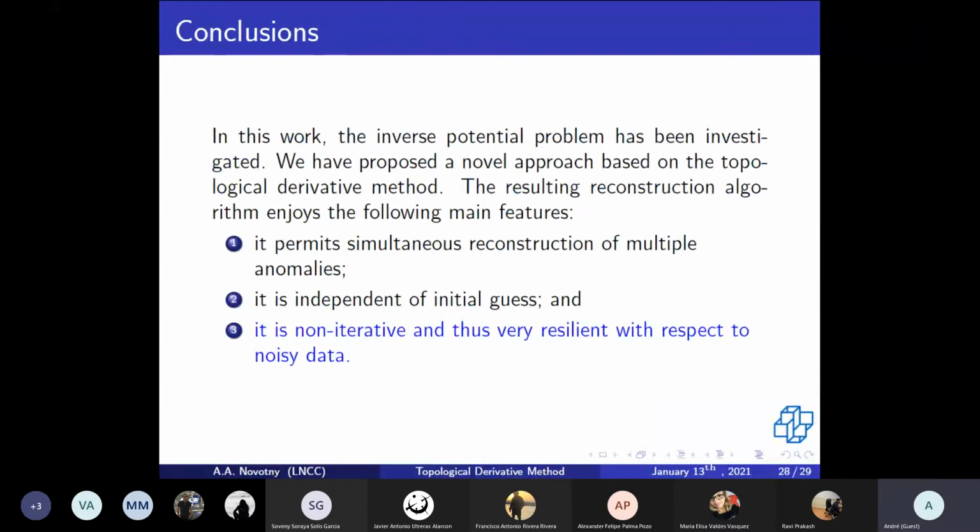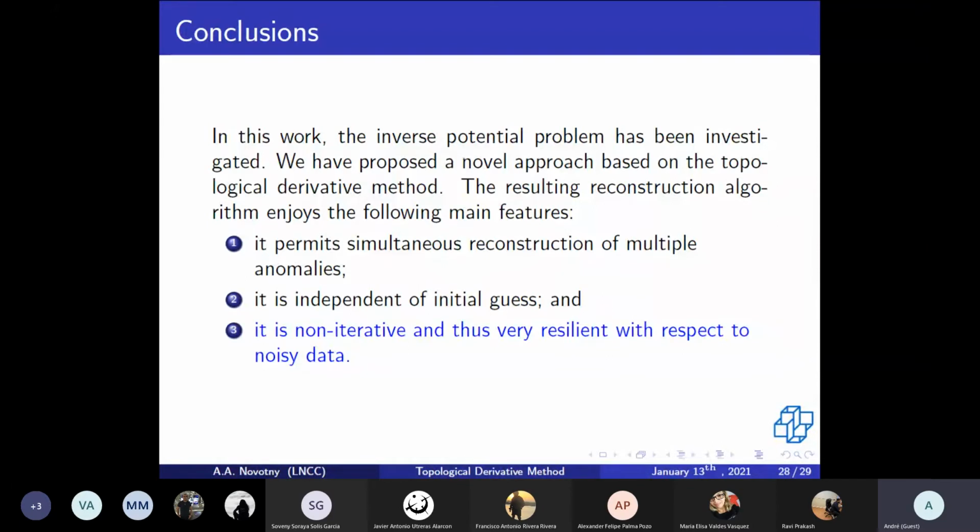So let me conclude my talk. I would like to say that this approach allows for reconstructing multiple anomalies simultaneously. It's independent of an initial guess. Our initial guess is the empty set in this case, so it's completely independent of the initial guess.